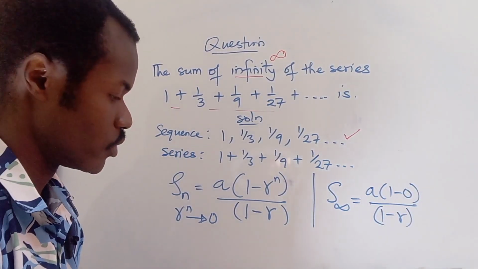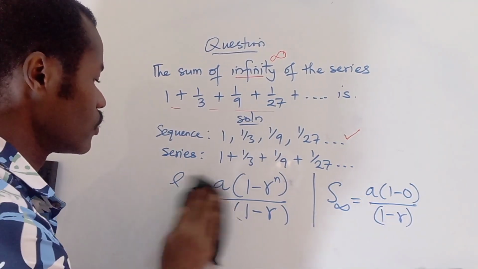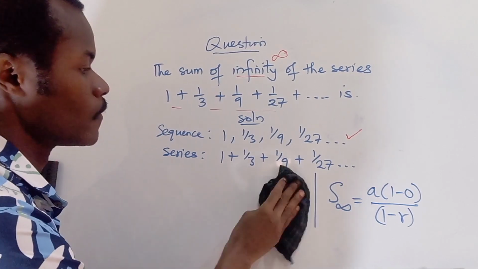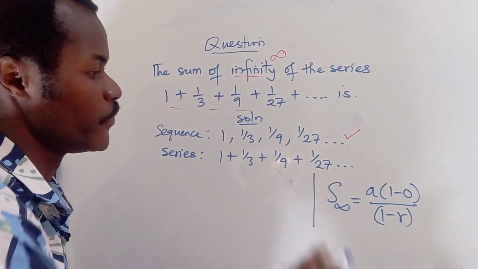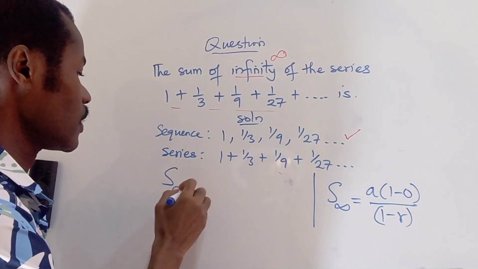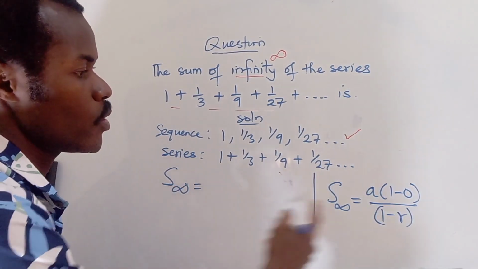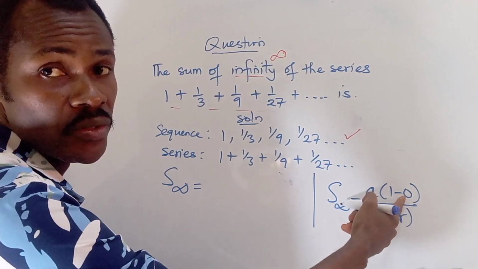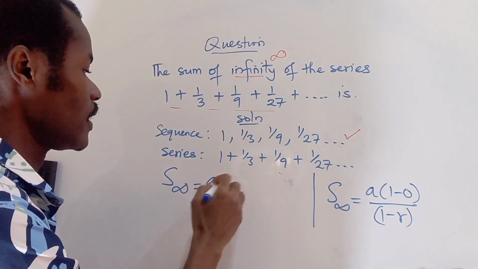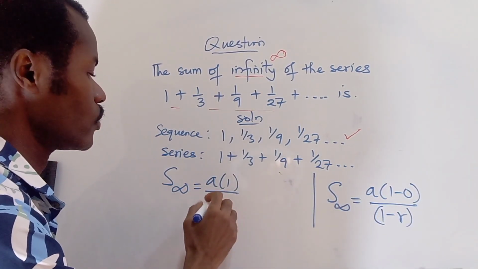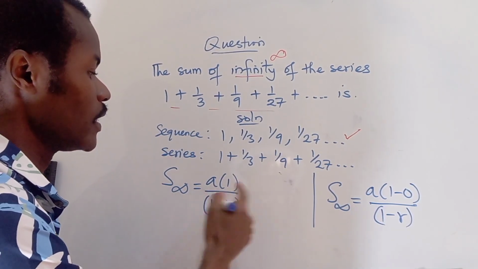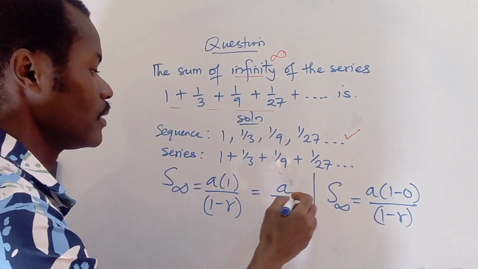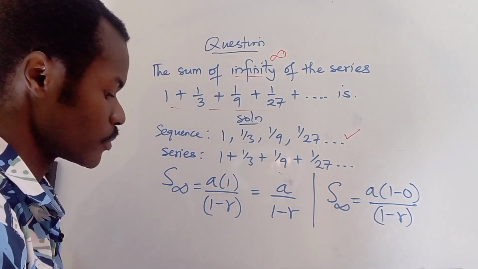So our sum of infinity is equal to a into 1, divided by 1 minus r. A times 1 is a, divided by 1 minus r.